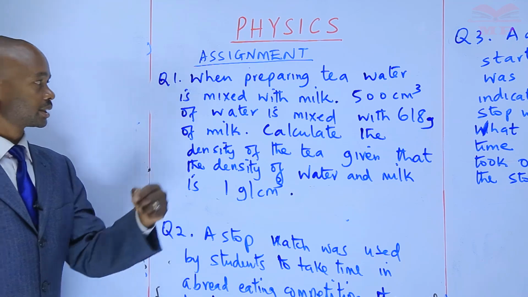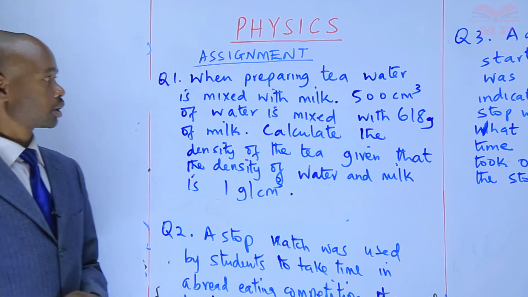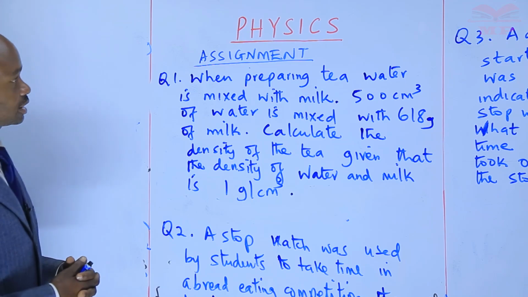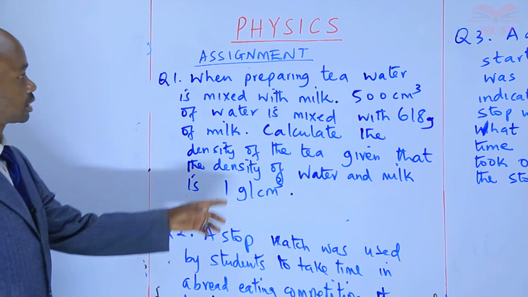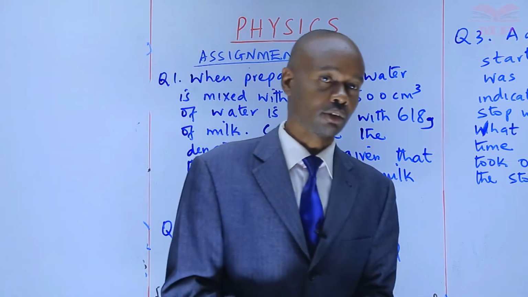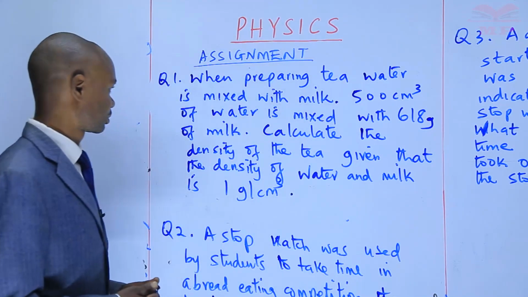Question 1. When preparing tea, water is mixed with milk. 500 centimeters cubed of water is mixed with 618 grams of milk.